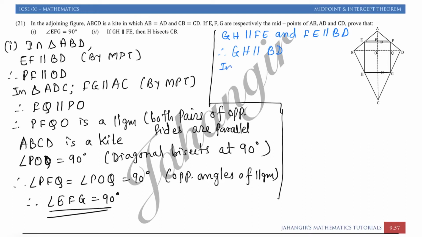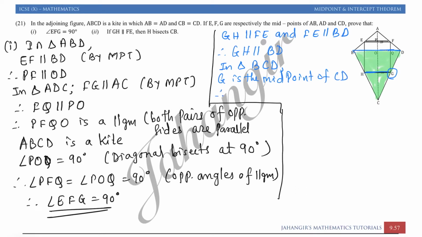Now in triangle BCD, the lower triangle, GH is parallel to BD and G is the midpoint of CD.